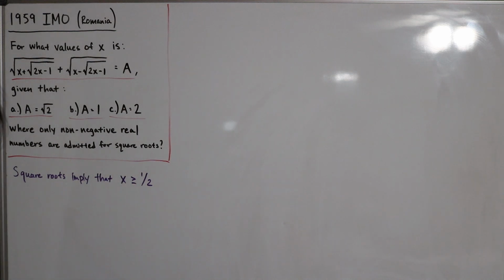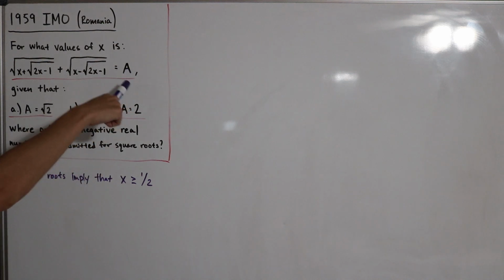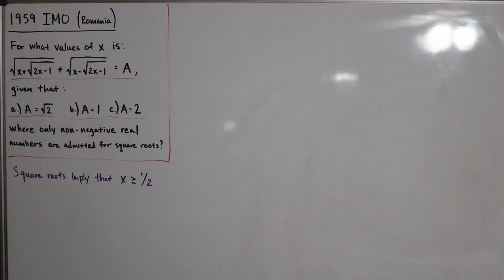So now from here, what I'm going to do is square A. This means that we're going to be performing the binomial method.